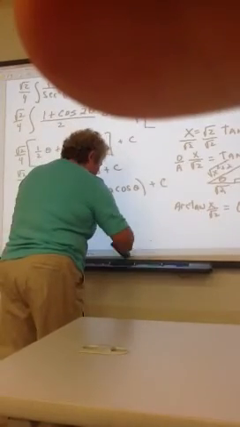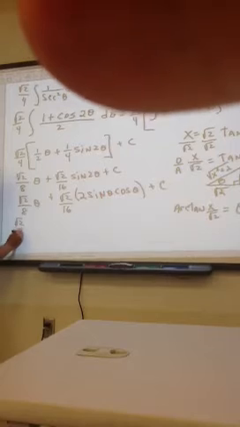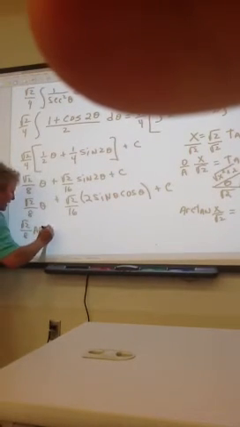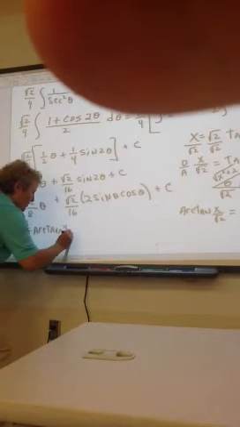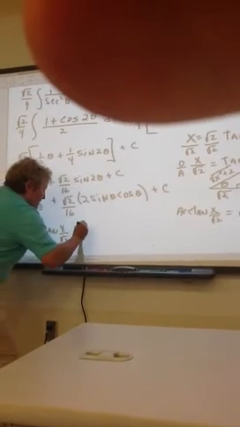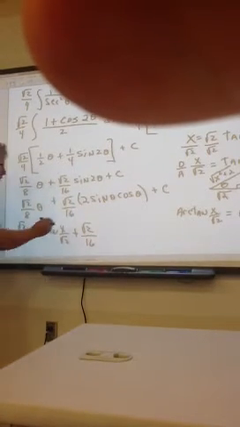So I have square root of 2 over 8 arctan x over square root of 2, square root of 2 over 16 times, let's do this.